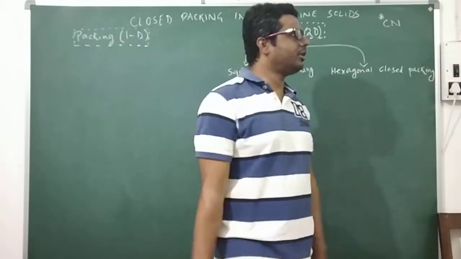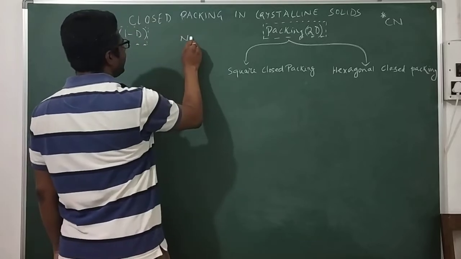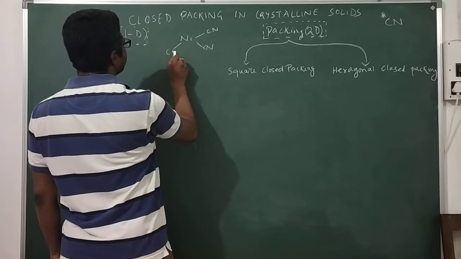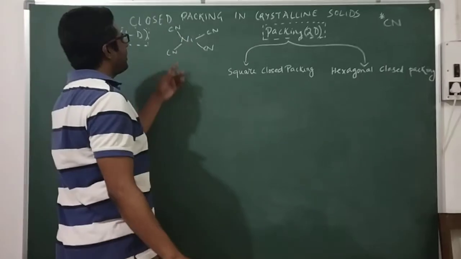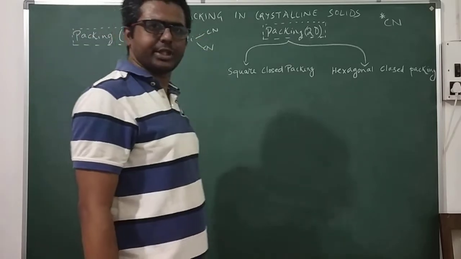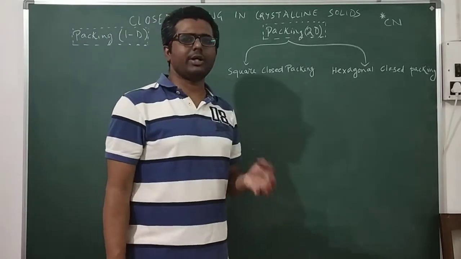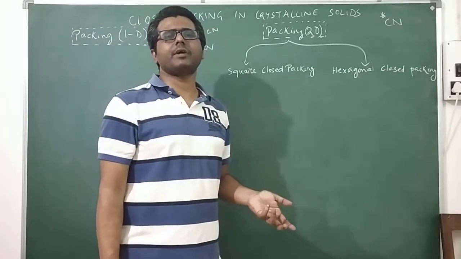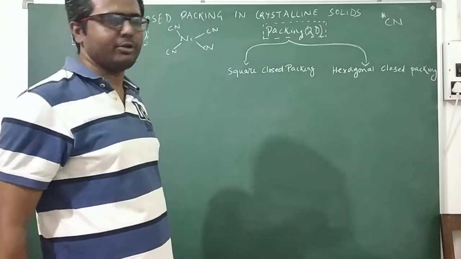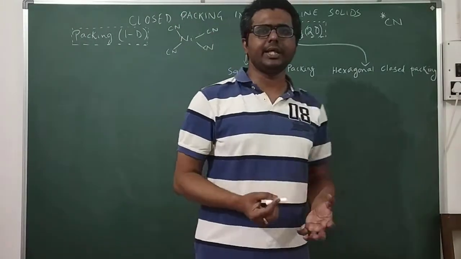Like if I take Na[Ni(CN)4], then we say that the coordination number of nickel is 4 because it is attached with 4 cyanide groups, right? So similarly, in case of crystalline solids, the coordination number is the number of neighboring atoms it is attached with or it is in contact with. One by one we will understand how the packing happens in a crystalline solid.